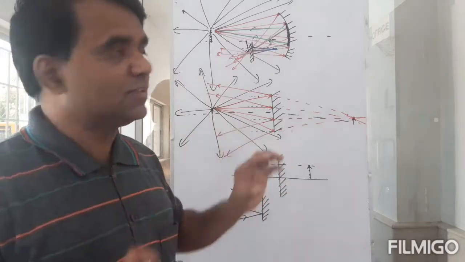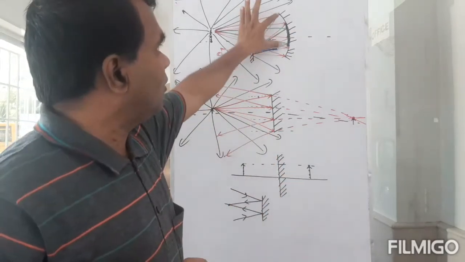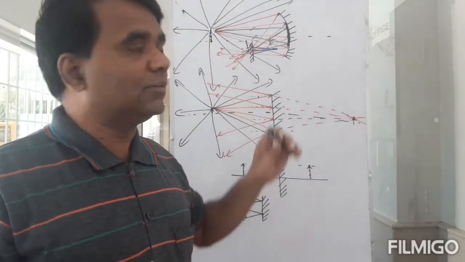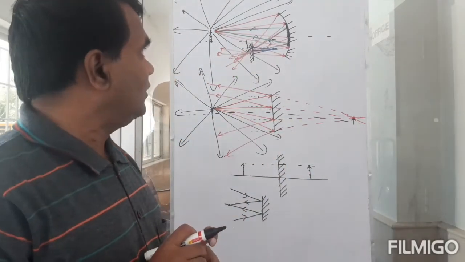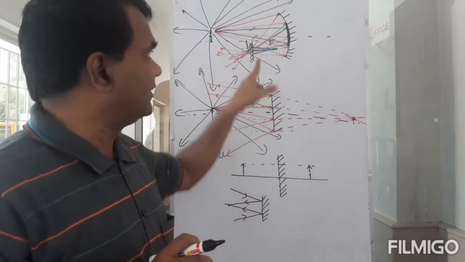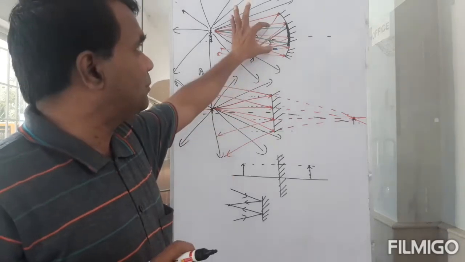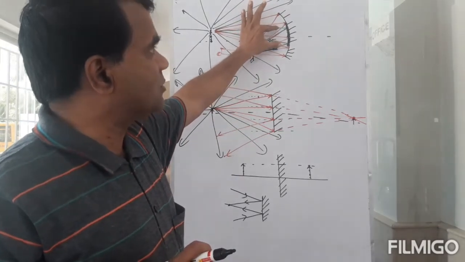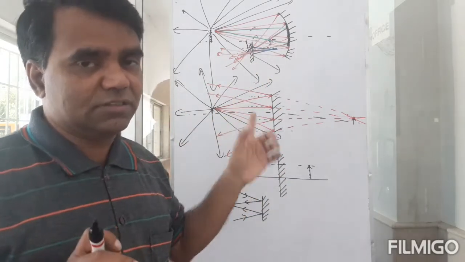We use all these for convenience, but we need to remember that all these rays will obey the law of reflection. That's very important. And these lines help you identify the point at which the image will be formed. That's the only purpose. If you don't use these two lines, it doesn't mean that the image will not be formed. You have to understand that.